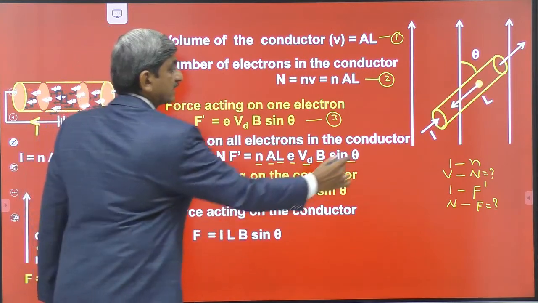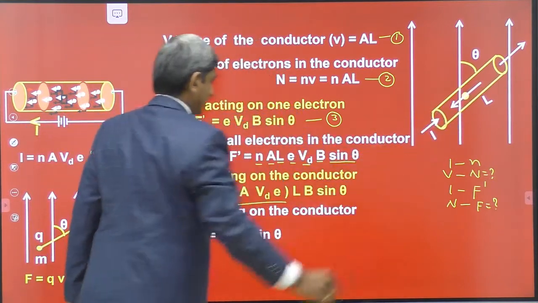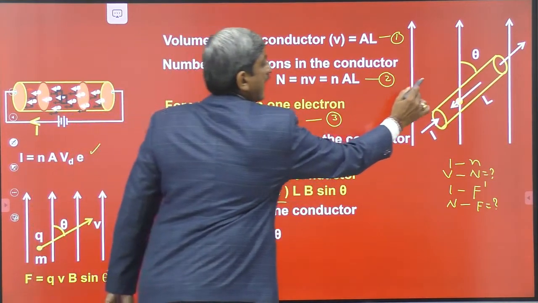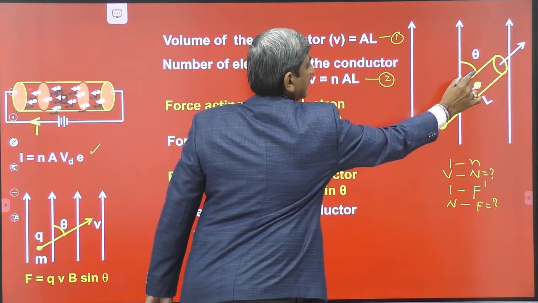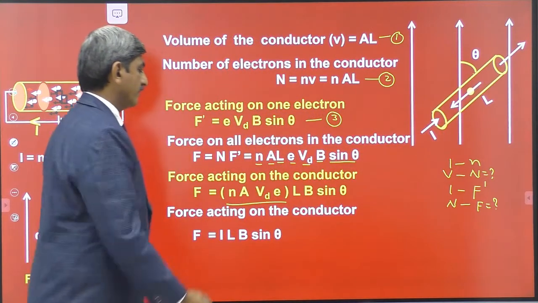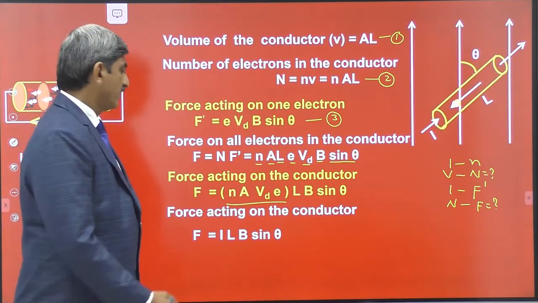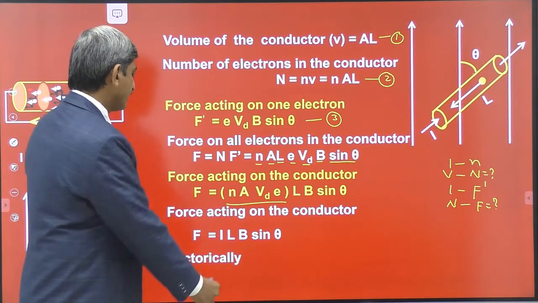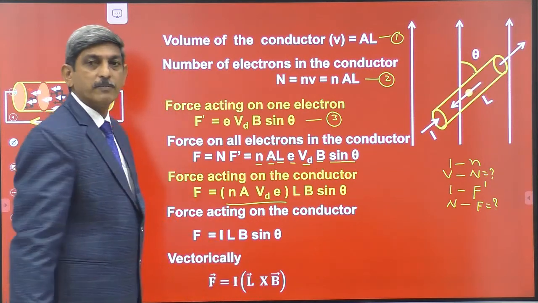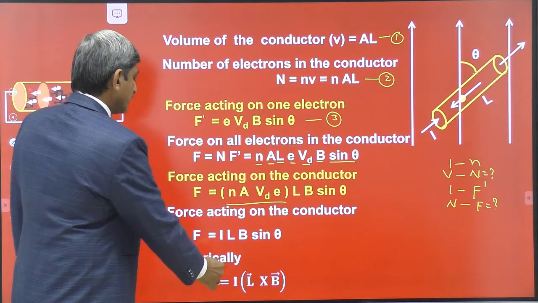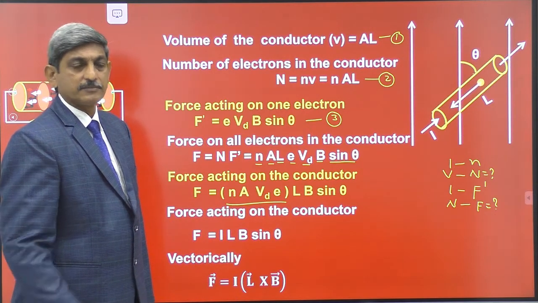I is the current passing through the conductor, L is the length of the conductor, and B is the magnetic induction of the field. Theta is the angle between the length of the conductor and the magnetic field. We know that force is a vector quantity. That's why vectorially the force can be expressed as F bar = I times L bar cross B bar. So this gives the vector representation of the force acting on the conductor.